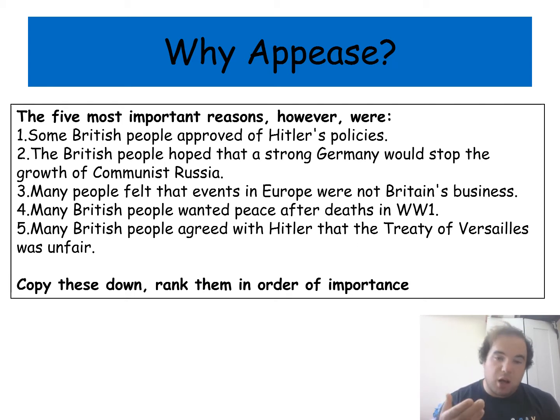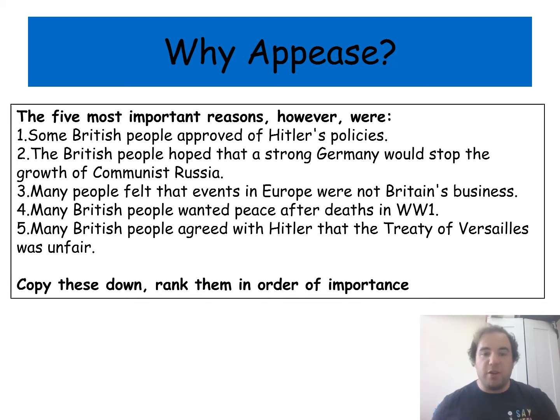So, perhaps understandably, many British people felt that he may have had a little bit of a point, and therefore going to war to defend what they viewed as a flawed treaty would be a pointless exercise.